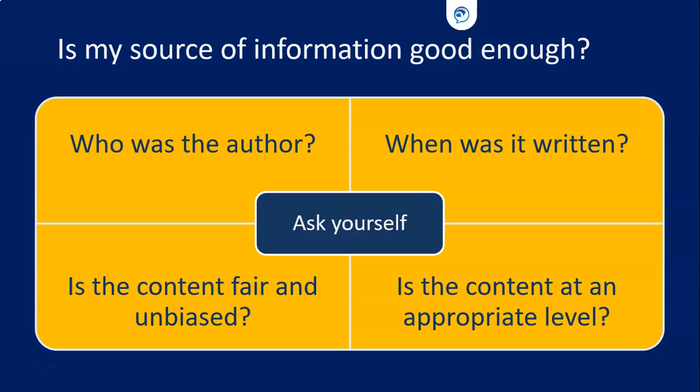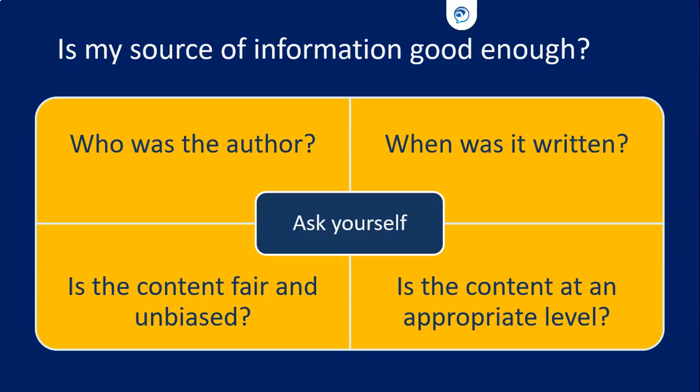Or it might be an organisation. Are they well known to you? Are they experts in the subject area or in the field that they're writing about? You can often tell from a journal article who the author works for, what institution they are associated with, which can give you a clue as to who they are.